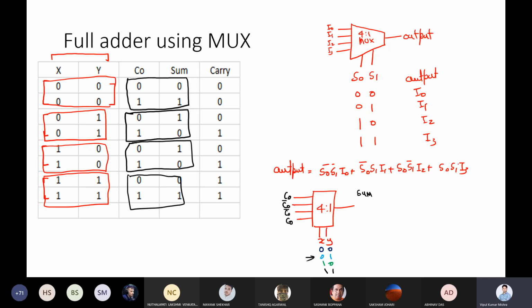Now let's see, is it really giving the sum or not? Let's take one by one. Whenever your value is 0, 0, means when x is 0, y is 0, what are we expecting as output? We are expecting output 0 if your C0 is 0 and 1 if C0 is 1. Are we really getting the same value here?